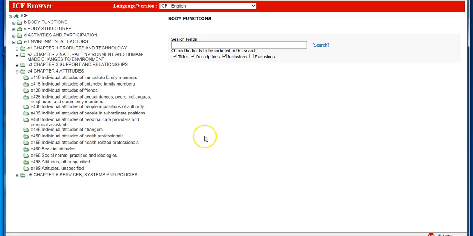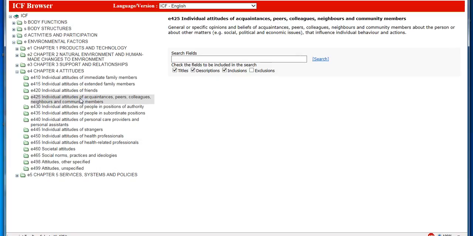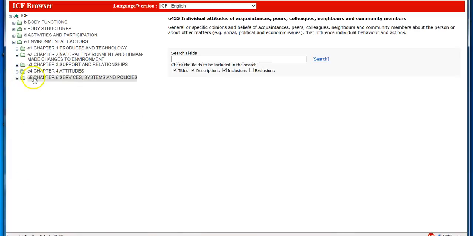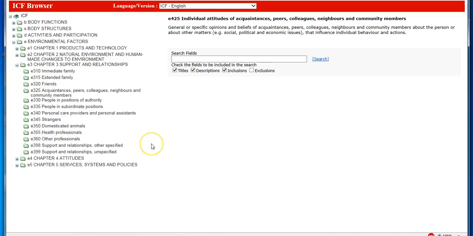This wasn't in the case, but you can see that your own attitudes about peers and colleagues in the process may influence your behavior, or it may influence the behavior of the family members and patients in that process. Okay, so that gets a little complicated, but just to see how that connects to environmental factors, because that can be confusing. Let's look at one more, support and relationships.